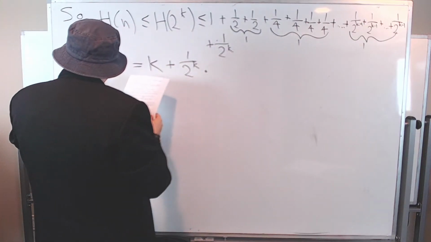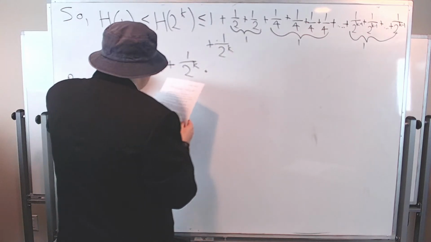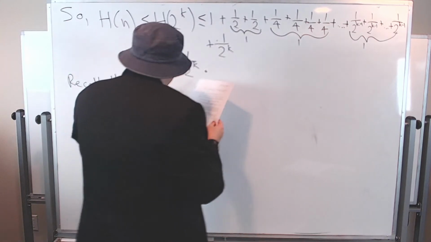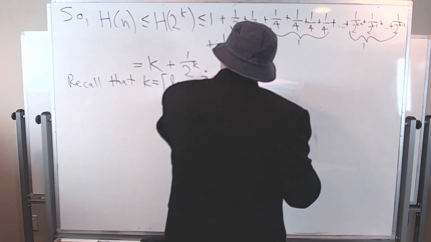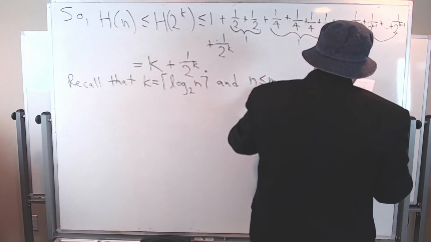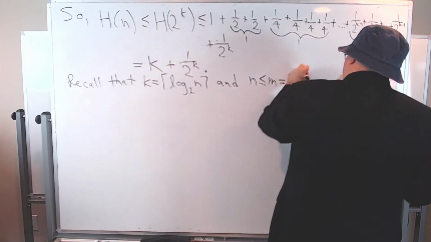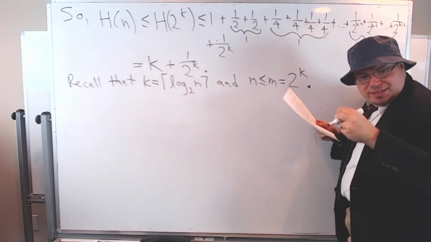So recall, I'm just going to remind you of some notation we've used. Recall that k is equal to the ceiling of log base 2 of n, and n is less than or equal to m, which is in fact equal to 2 to the power of k. So now this is where the chaining of reasonings can all come together.